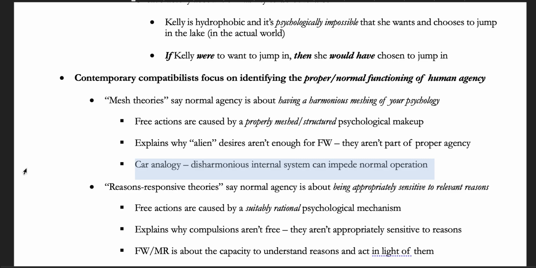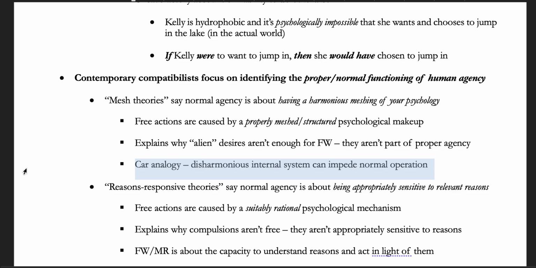Okay. So McKenna uses this analogy: in the same way that external impediments, like a roadblock or a river, could impede your car's ability to go, right? Maybe you can't drive through the river or a roadblock, maybe you come to a cliff, or a cop puts a boot on your tire. There are also internal impediments.